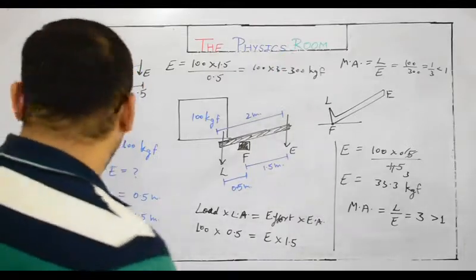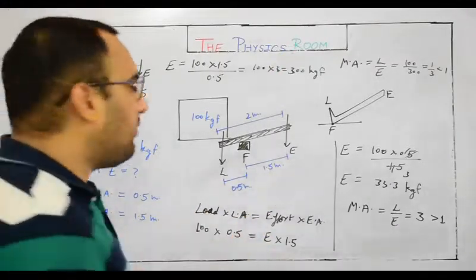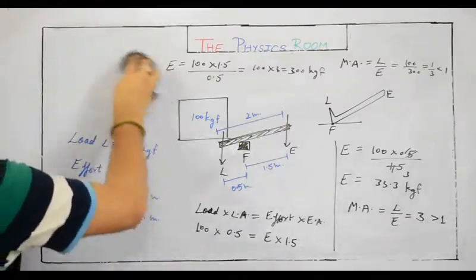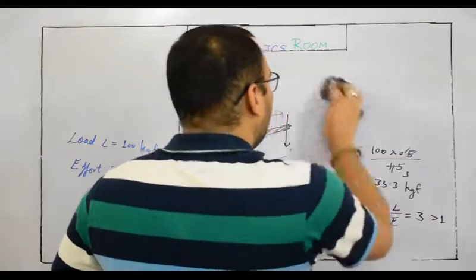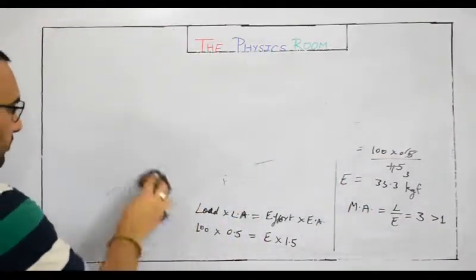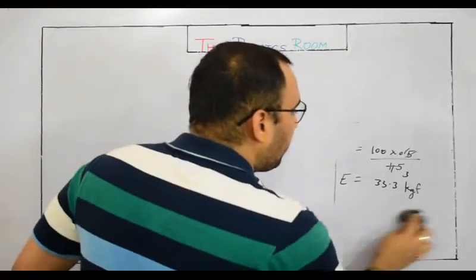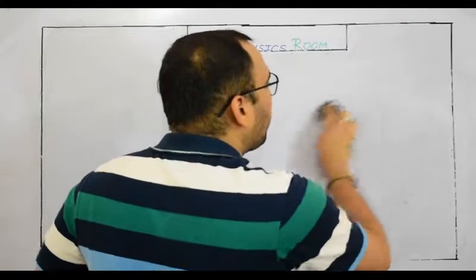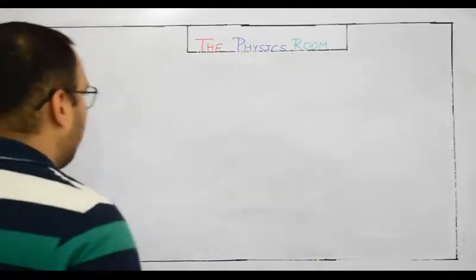Let's take another example. We know about the wheelbarrow very well. So you have to follow only and only the principle of moments to solve the numeric problems related to this lever based question.